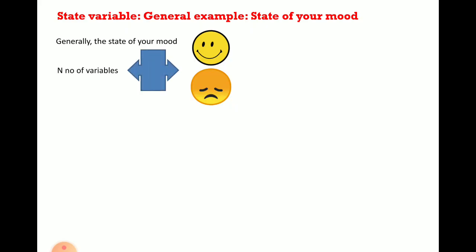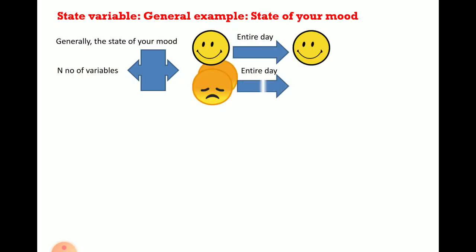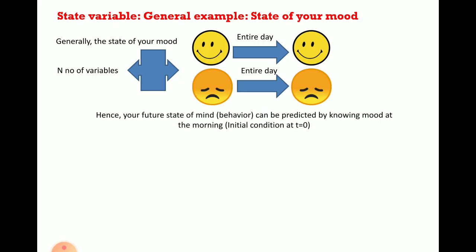There is a general perception that mood at the morning will carry over for the entire day. We all have experienced that, right, at some point in our life. Hence, your future state of mind, that is behavior, can be predicted by knowing mood at the morning.